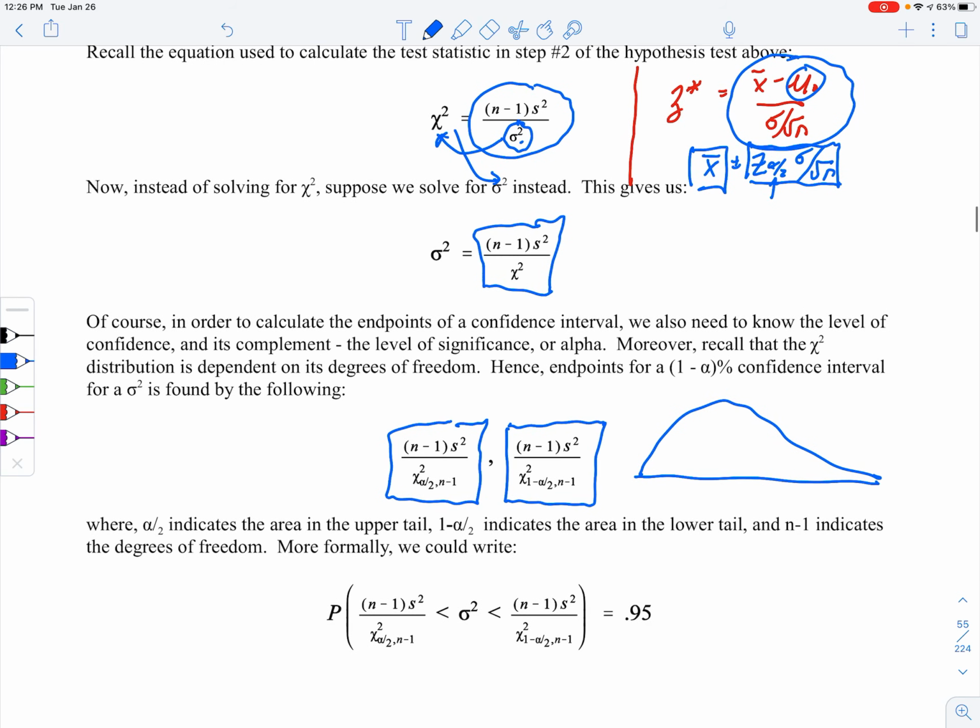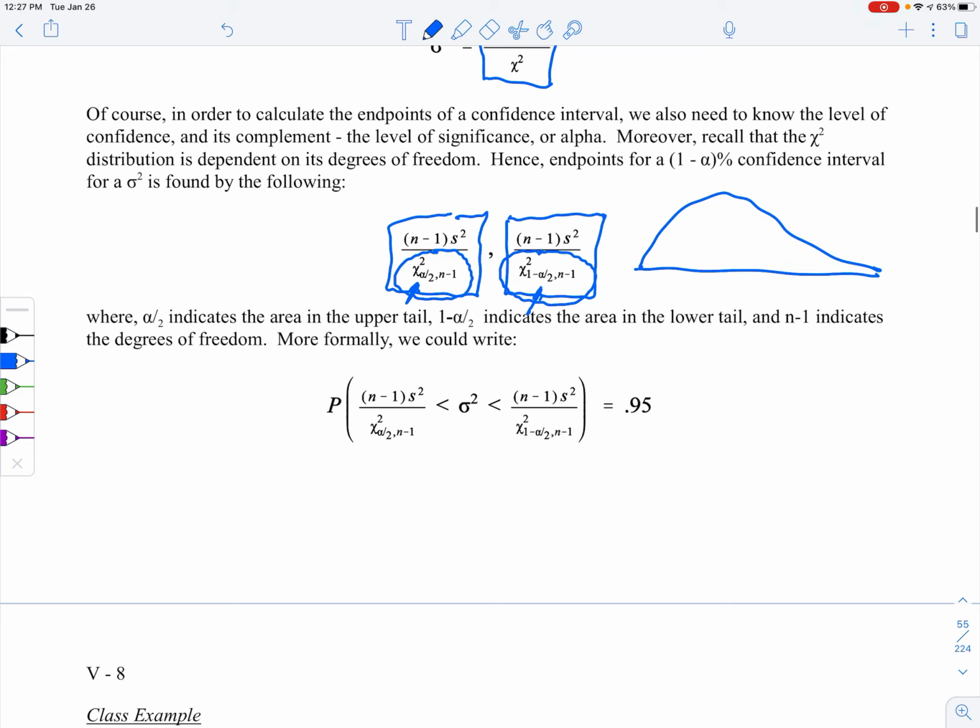So what we have down here is, instead of a plus and minus z value, you have a chi-square value, which is based on alpha over 2 in the upper tail, and alpha over 2 in the lower tail, which would be 1 minus alpha over 2 going up, using the convention that we learned back on page V3. And then your degrees of freedom. So it's similar to a t, in that it's got an alpha over 2 and n minus 1 degrees of freedom, but you'll have to look at two different columns on a chi-square table, because it's not symmetric.